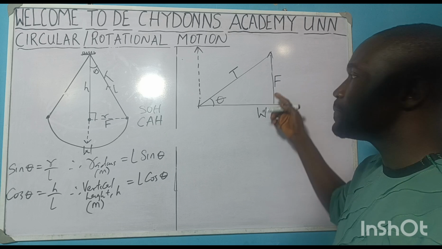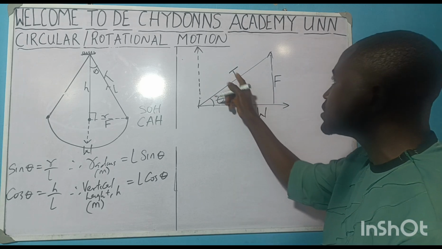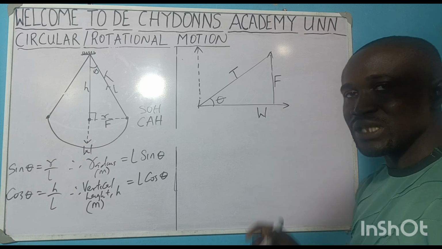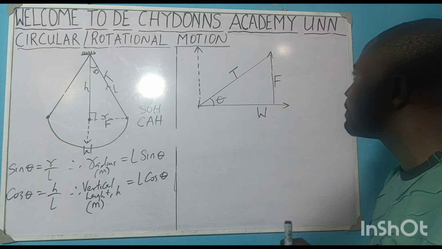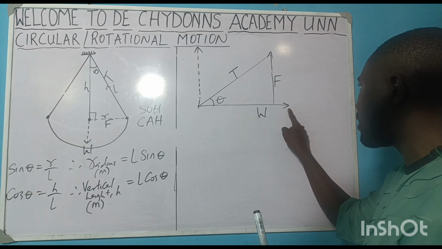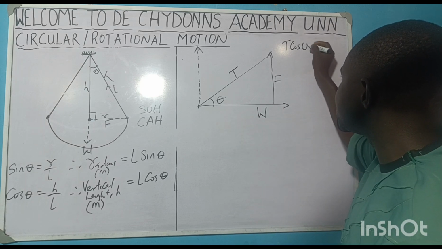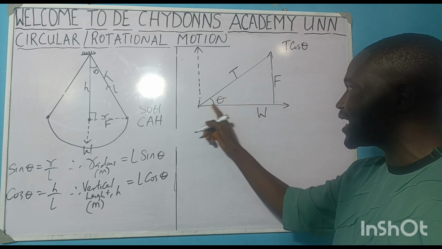To get the horizontal share, I will say T cos theta. I use cos to get the horizontal one.